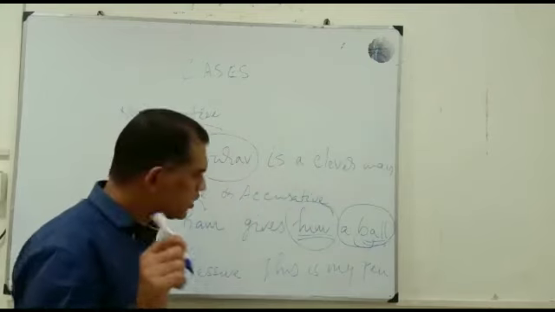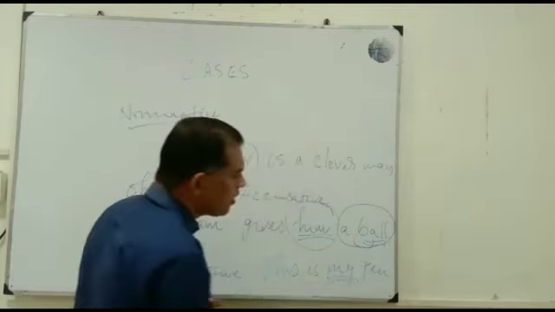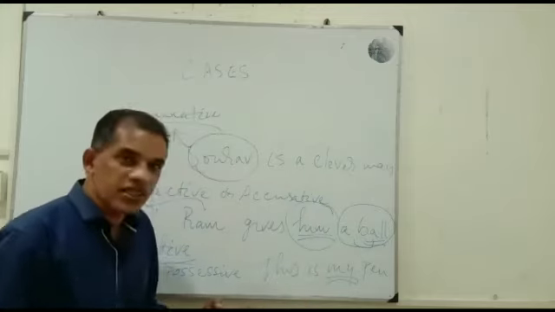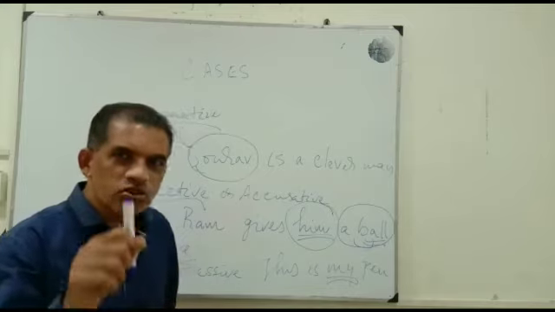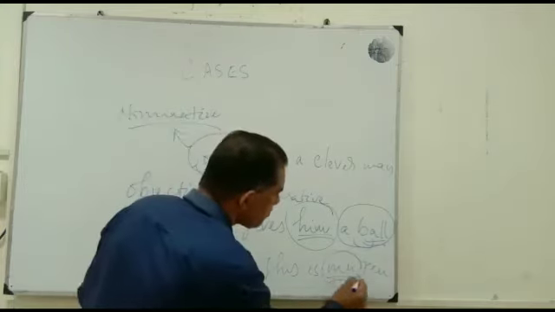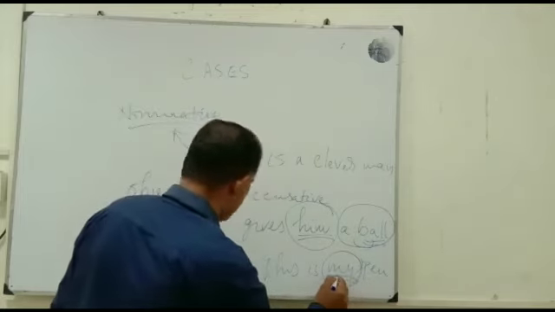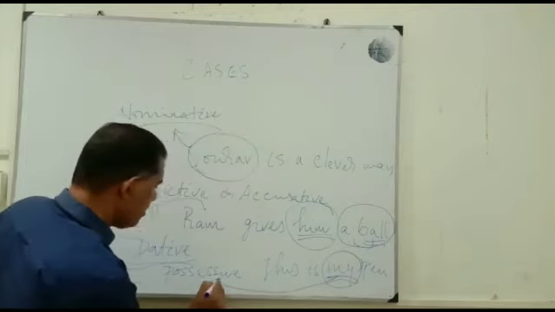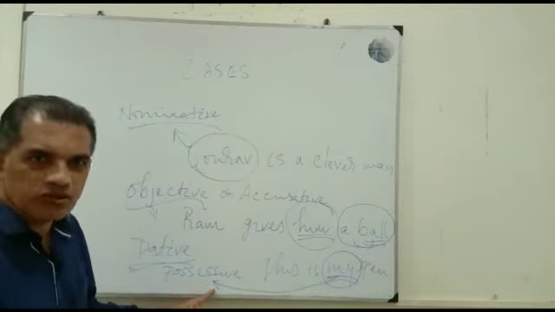This is my pen. Whose pen? My pen. Or, in other words, we say, this pen belongs to me. It shows the ownership. And therefore, this pronoun, my, is used in what case? In possessive case. So, this is possessive case.